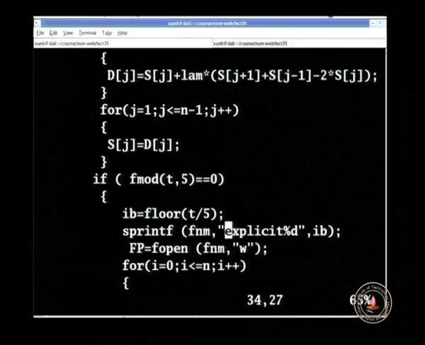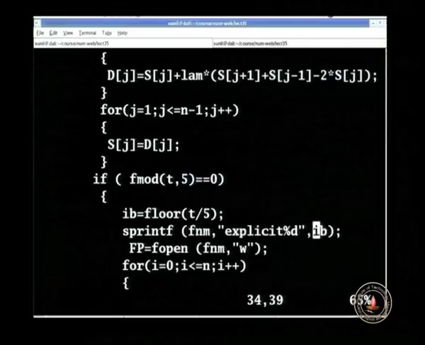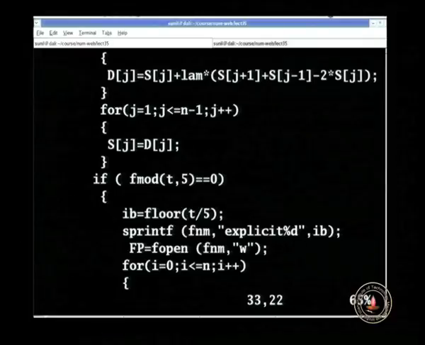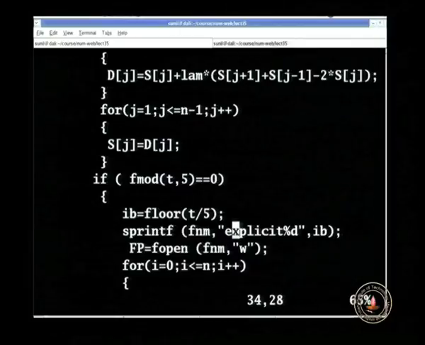So this character string will get the name explicit and whatever number IB takes. IB takes t by 5, so when t is 5 it's 1, and when t is 10 it's 2, etc. This function can be used to automatically generate file names, explicit 1, explicit 2, explicit 3, etc., as we run this program.